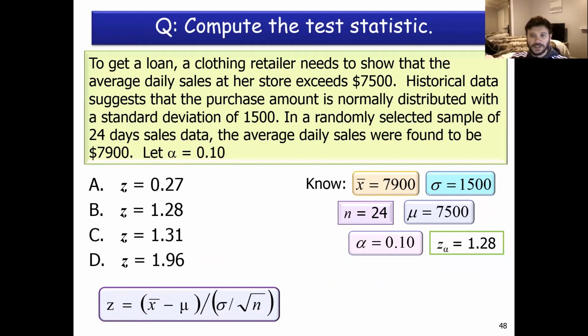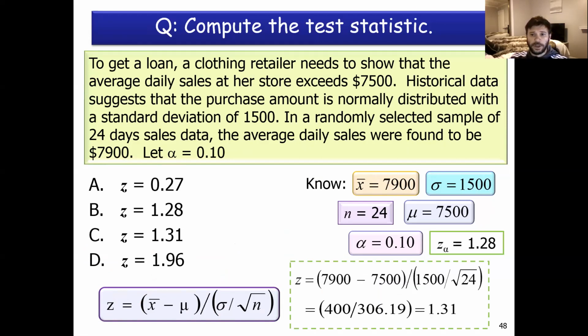And if we do this, we'll see the value of our test statistic here is 1.31. Meaning that value of $7,900 for the average daily sales found from that sample is 1.31 standard deviations, or standard errors, to the right of the mean. And at this point, we're in a good spot to think about the decision rule.